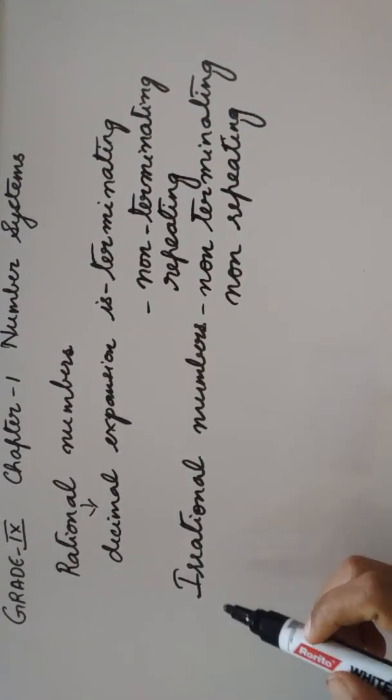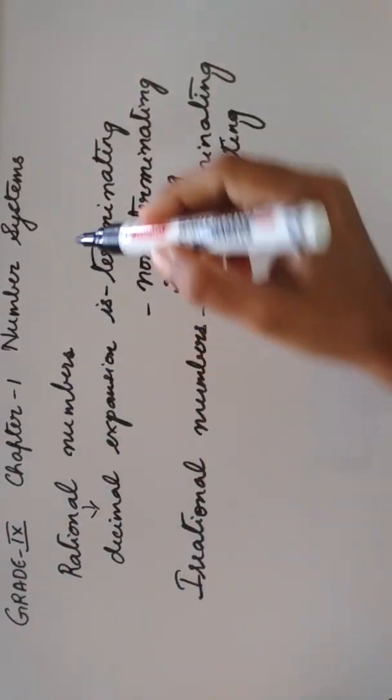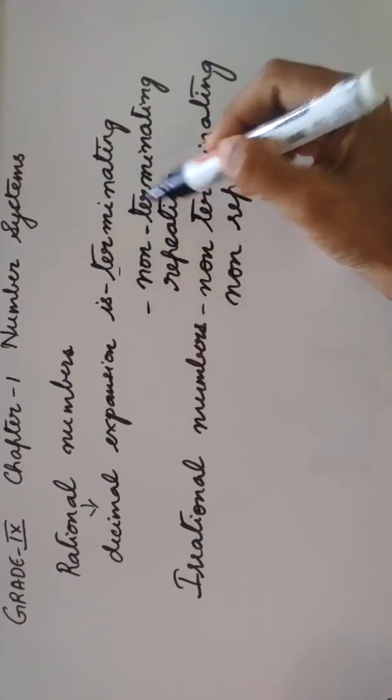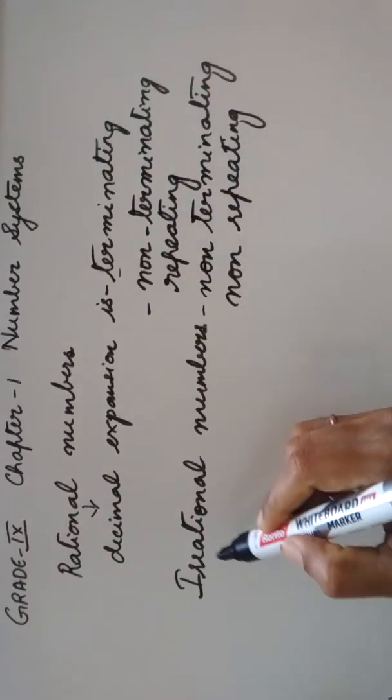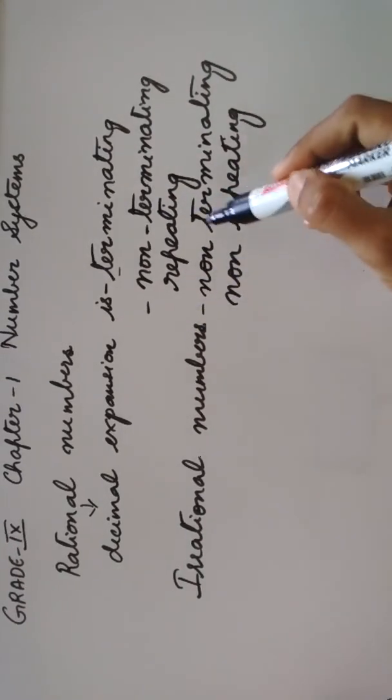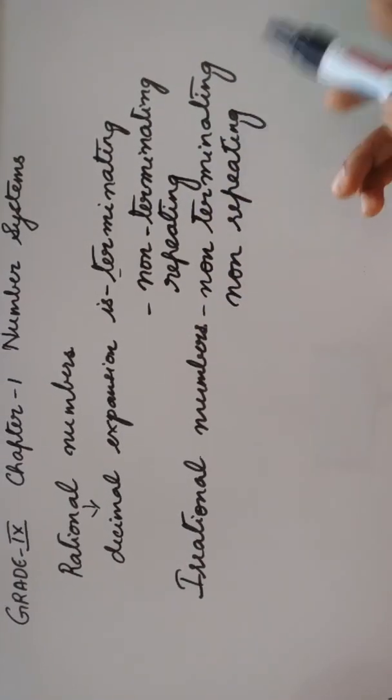So the difference here: for rational numbers, it is terminating, or non-terminating and repeating, and for irrational numbers, it is non-terminating and non-repeating.